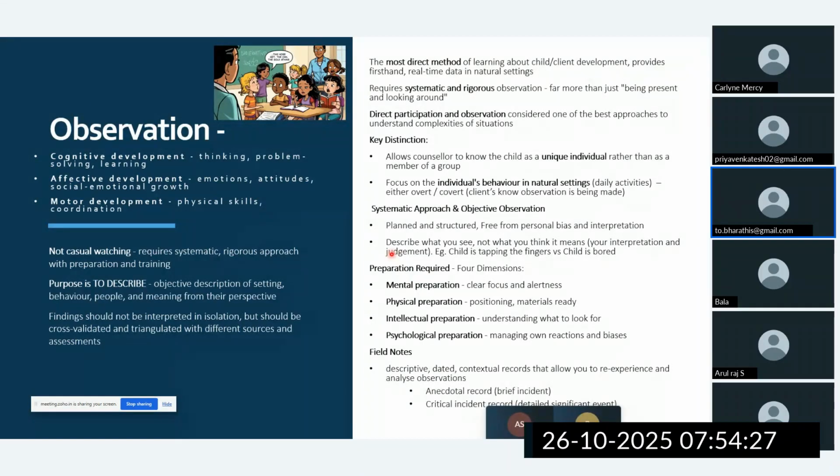But when a counselor observes, the person has to just write what they see, what they listen to, what they feel, whatever it is, right? What the child feels, not what the counselor feels. For example, when a child is tapping the fingers, we need to write it, instead of saying the child is bored, hence the child is tapping the fingers. No, don't bring in your interpretation.